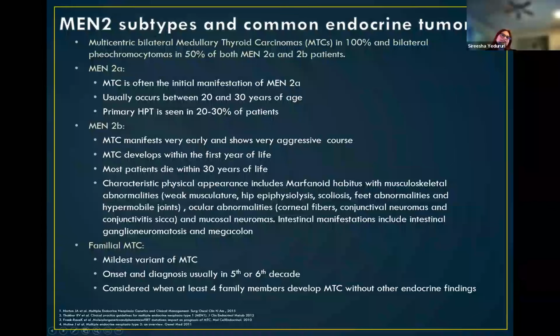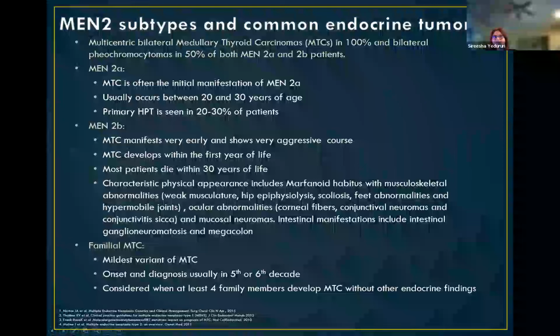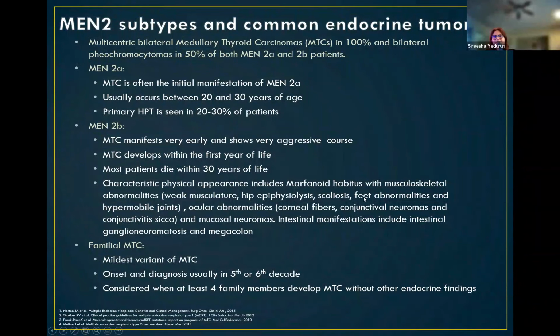This is also associated with characteristic physical appearances, including marfanoid habitus with musculoskeletal abnormalities, weak musculature, hip epiphysiolysis, scoliosis, feet abnormalities, hypermobile joints, and ocular abnormalities. They may have corneal thickening, corneal nerve fibers, conjunctival neuromas, and mucosal neuromas. They may also have intestinal ganglioneuromatosis and megacolon.